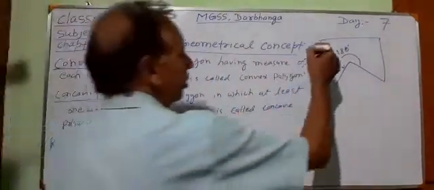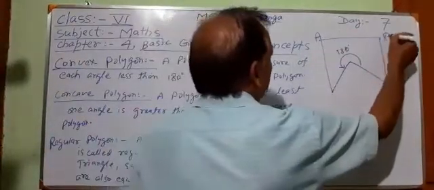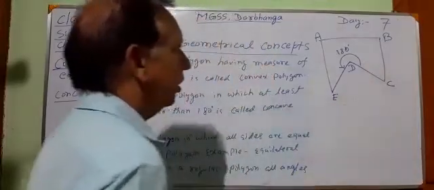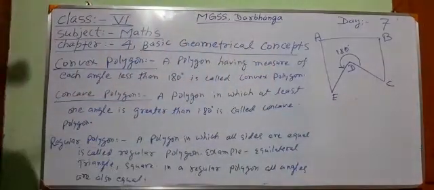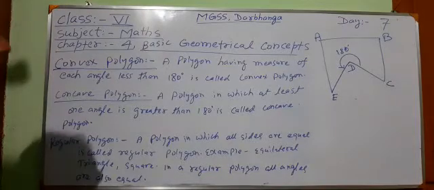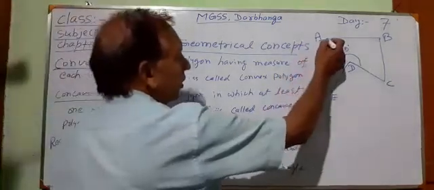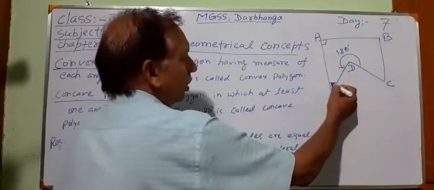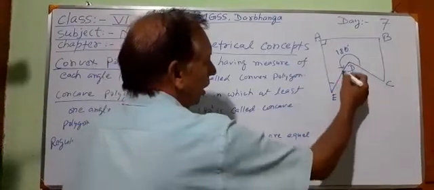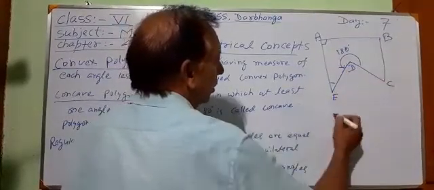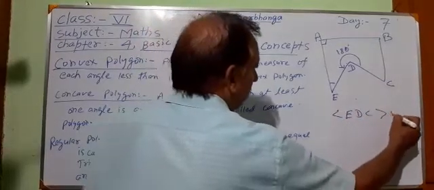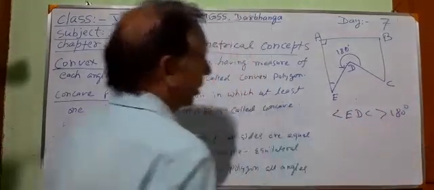The name of the polygon is ABCDE. It has 5 sides. This is a pentagon. Now what we are seeing, this angle is 90 degree, this angle is less than 90 degree, but this does not matter. What is the main thing? One angle, angle EDC, is greater than 180 degree.